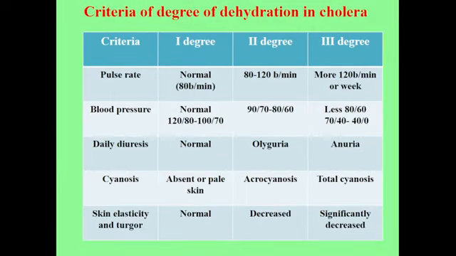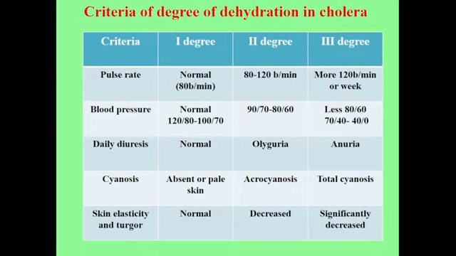Pulse rate. First degree it's normal, maybe about 80 beats per minute. Second degree tachycardia, increased pulse up to 120 beats per minute. And in third degree it's more than 120 beats per minute and it's weak. It's hard to count maybe even. Blood pressure, normal in first degree.